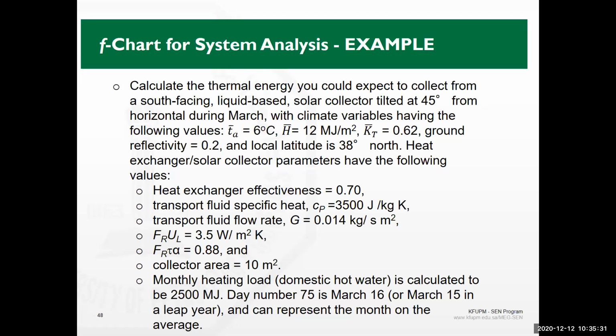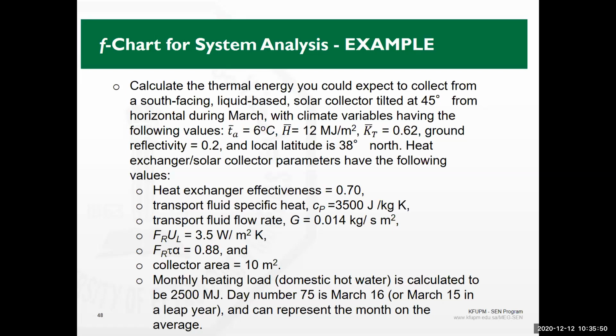Air temperature is 6 degrees centigrade. Energy falling is 12 megajoule per meter square. Parameter KT, which we covered in chapter 9, is 0.62. Ground reflectivity is 0.2, at a latitude L of 38 north.